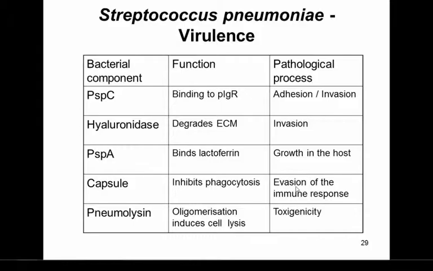Okay, here are some epithelial cells on the basal layer in the respiratory mucosa. Then our gram-positive S. pneumoniae will be here on the apical layer.